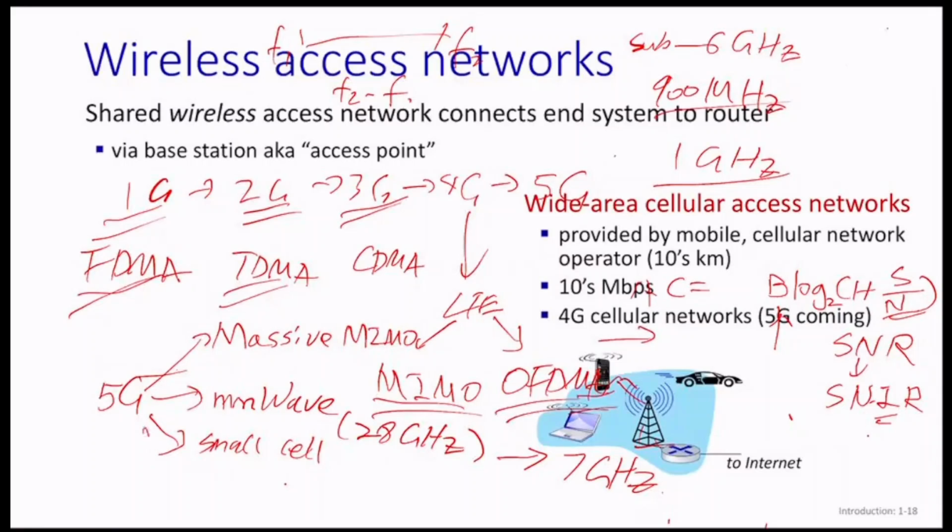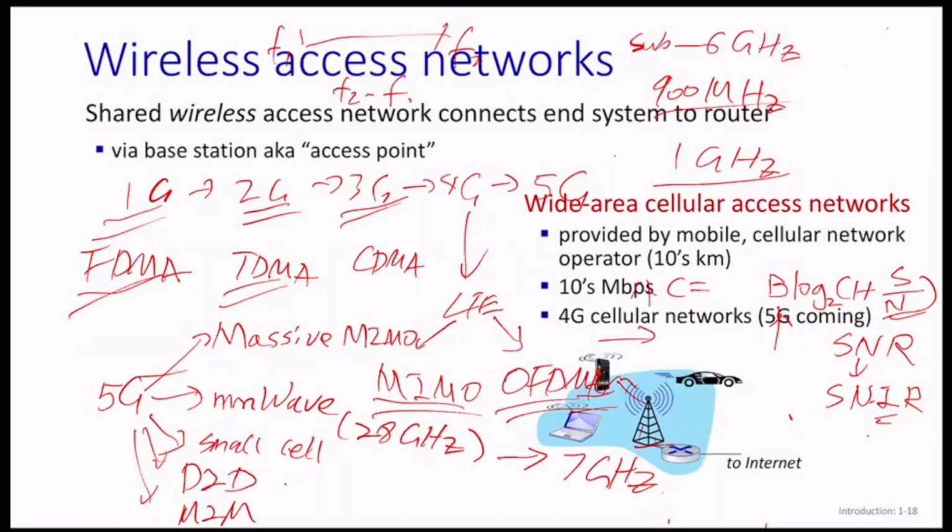There are also other tools. One is D2D, and the last one is M2M. D2D means device to device. For example, we can share internet from this smartphone to another smartphone, forwarding the internet data from one device to another device.